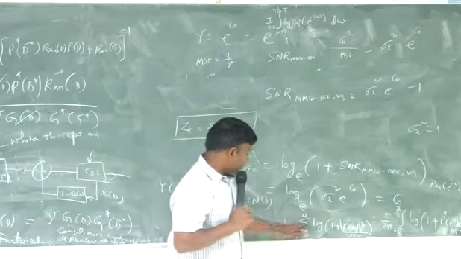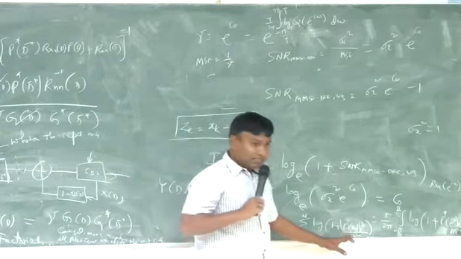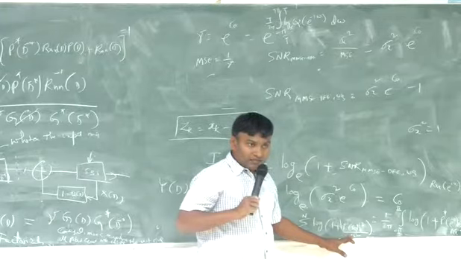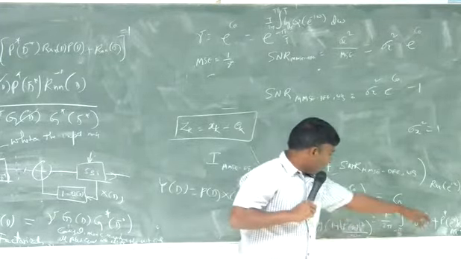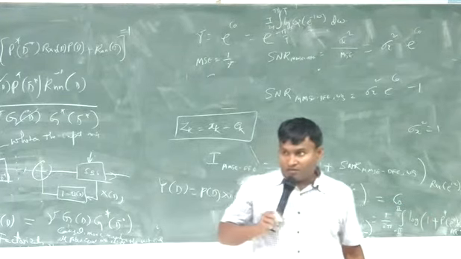This is the capacity you will get in an OFDM system, right? 1 plus SNR of the subchannel, where P of k is something that is loosely related to P of e to the power j omega.